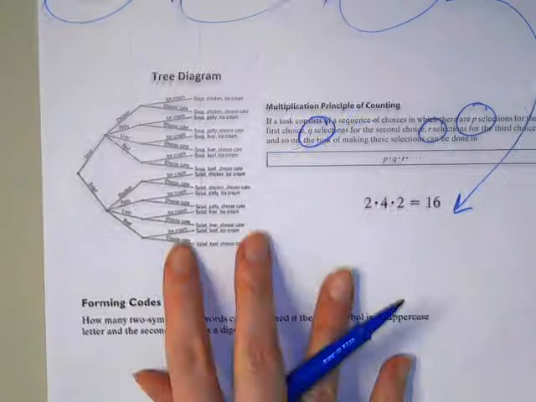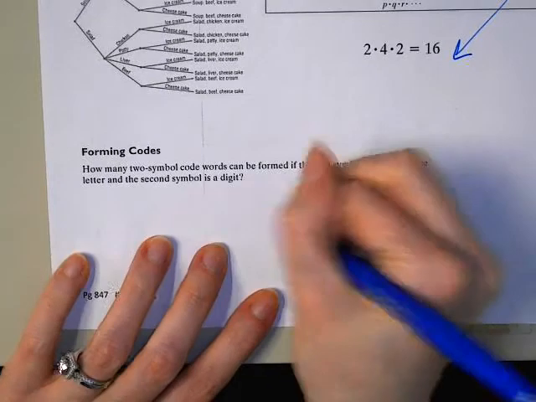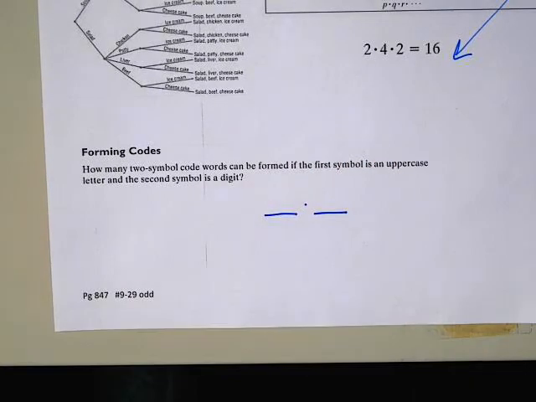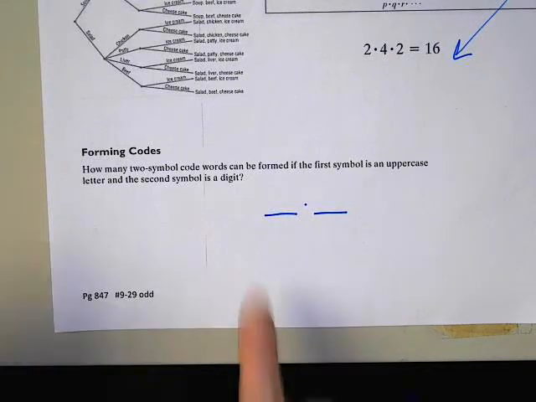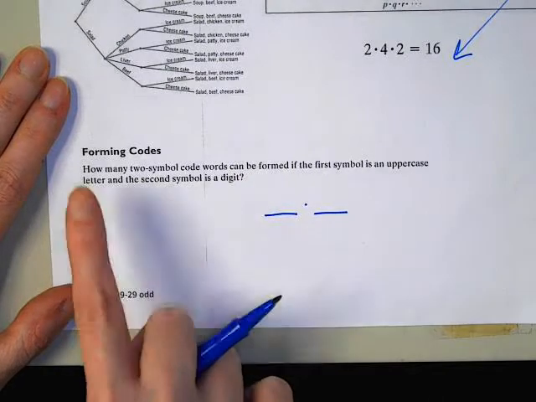All right, so let's try one of those. Forming codes. How many 2-symbol code words can be formed? I'm not going to use the tree diagram. If the first symbol is an uppercase letter and the second symbol is a digit number. So how many different ways can you make an uppercase letter?